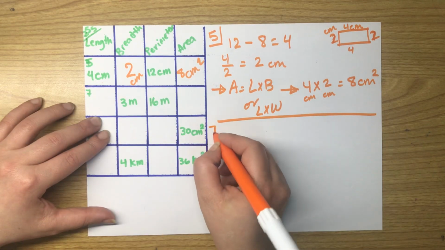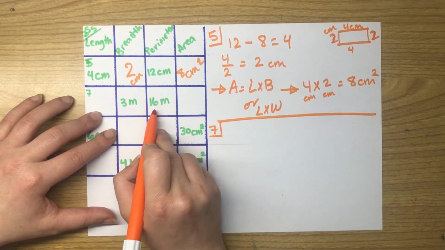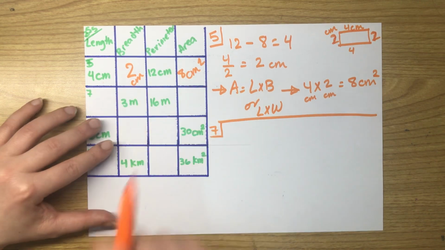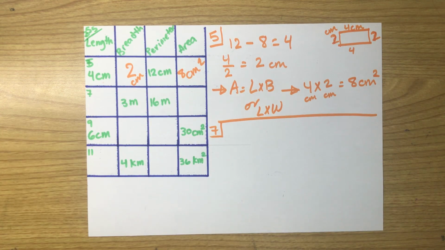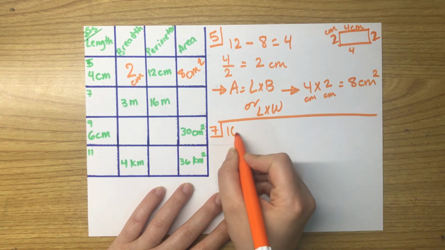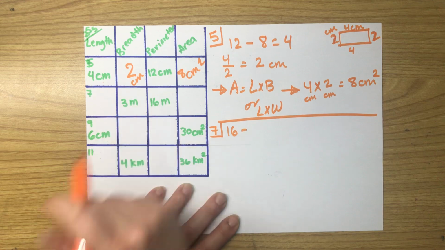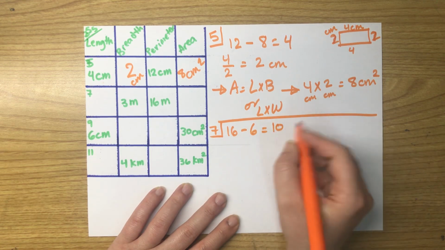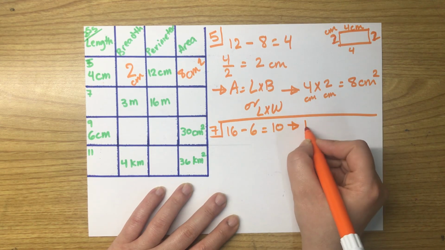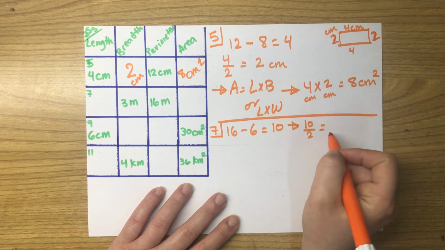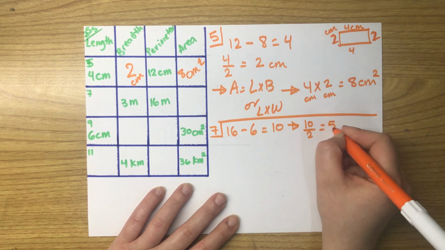Question number 7. They gave us the perimeter and the breadth. They want the length and the area. We are going to work this question out the same way as we did for question number 5. So 16 take away double the breadth, take away 6, equals 10. You are going to divide the 10 by 2 for each length, which equals 5.